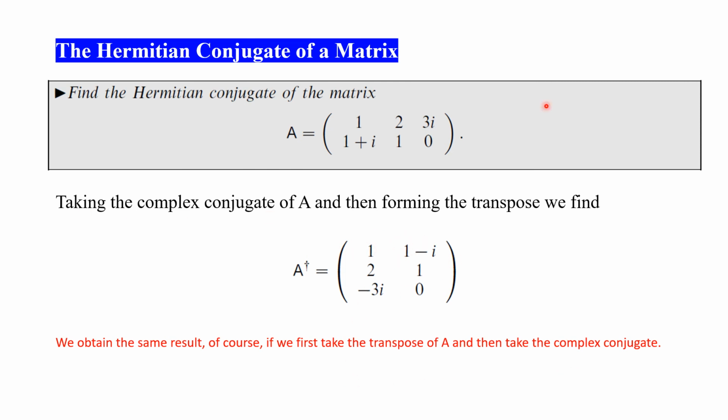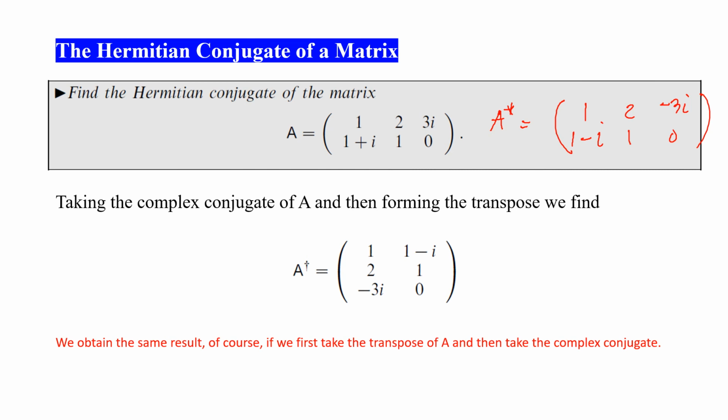Okay, so again, let's just solve it. Your A star is equal to 1, 1 minus i, 2, 1, and then negative 3i, and 0. After that, we are going to turn your rows into columns.